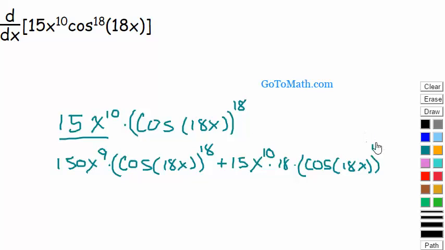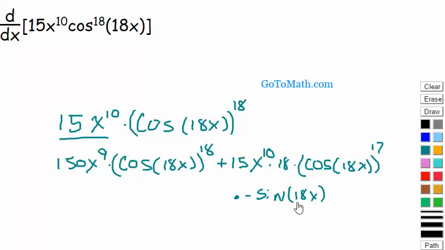That becomes a 17, and I'm running out of room, so let's just continue this down here. Now this is going to be multiplied, so we're taking the derivative of what's inside the parentheses and chaining it out. The derivative of cosine is minus sine, and we always rewrite what's in the parentheses, so that's going to be 18x.